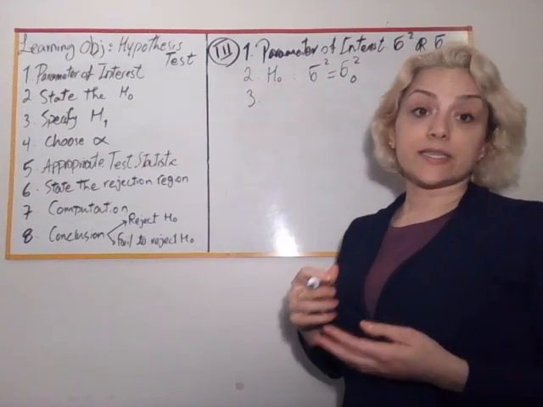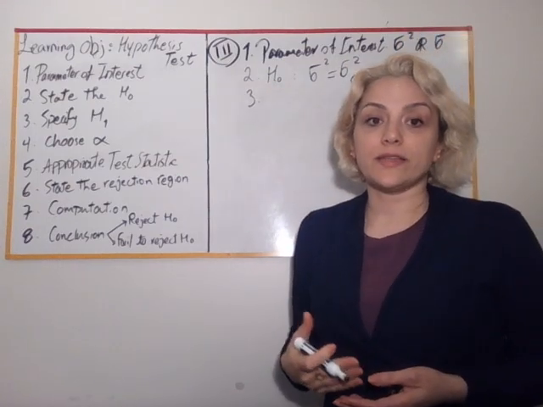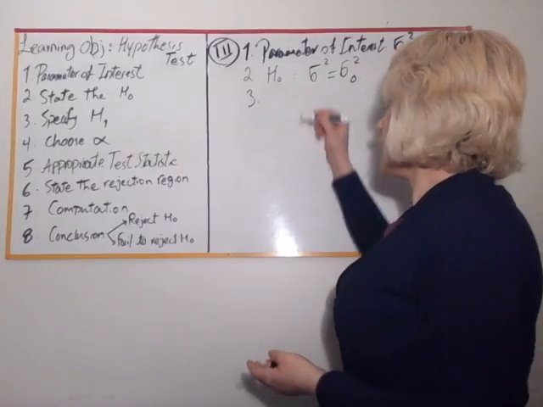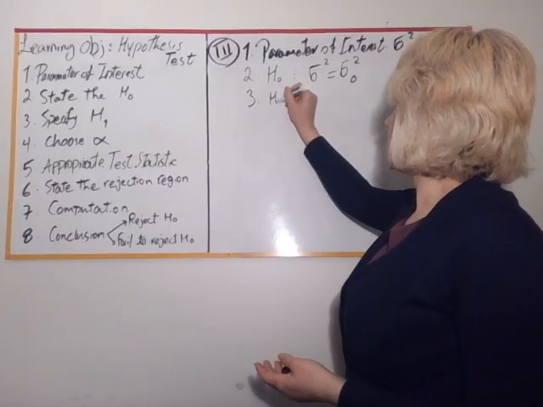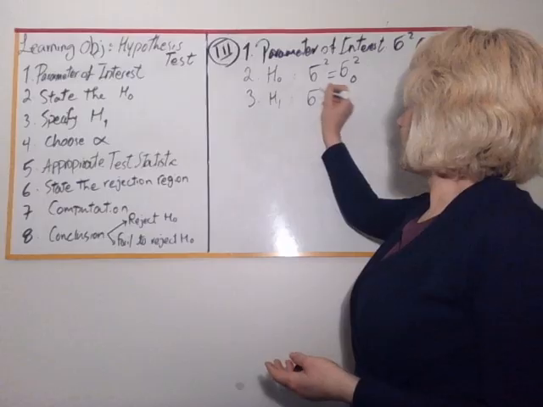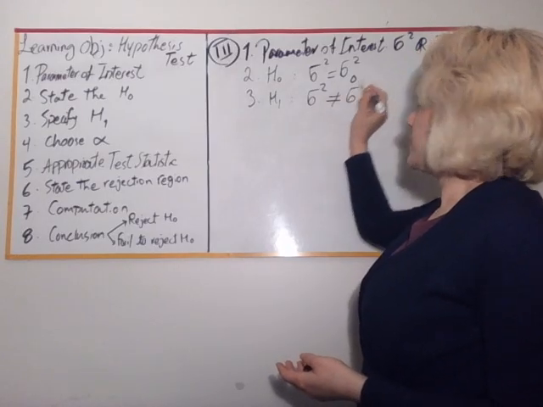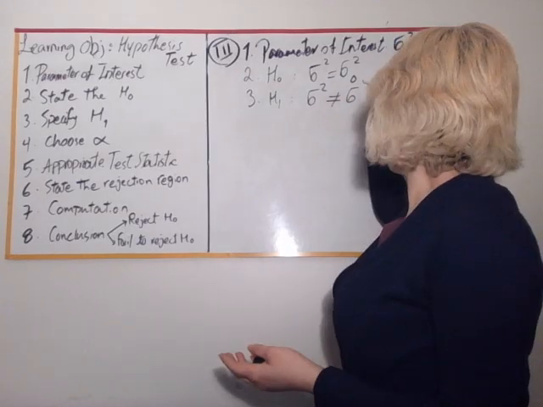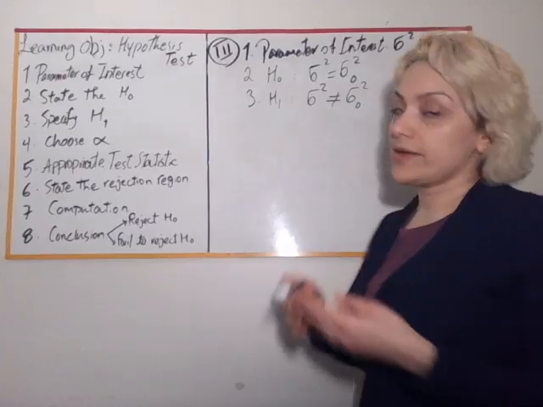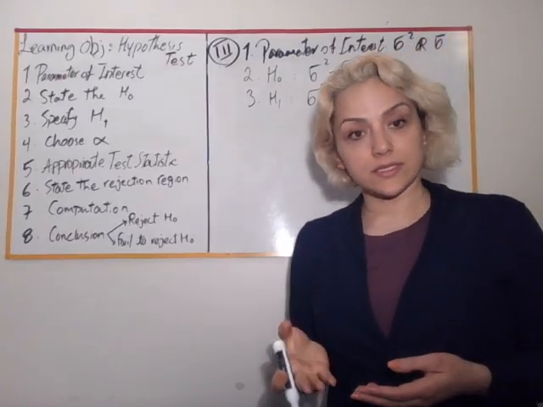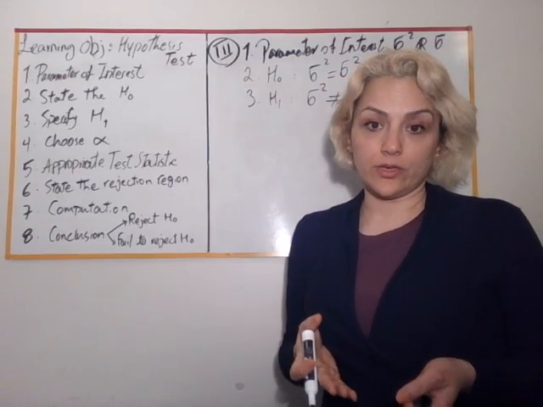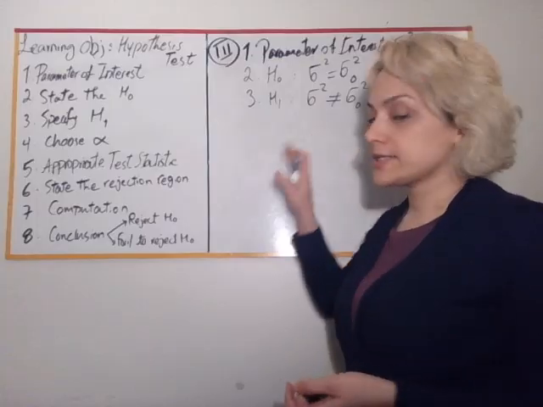Our third step is to specify the alternative hypothesis: the variance and the variance at null are not equal. So that's the alternative hypothesis.